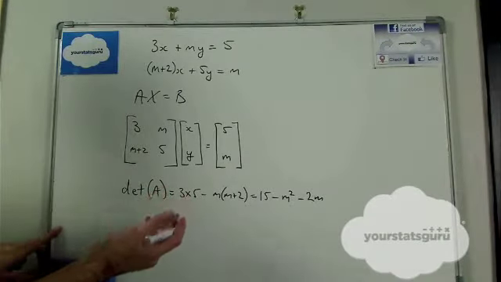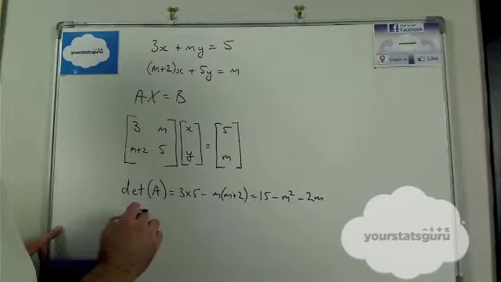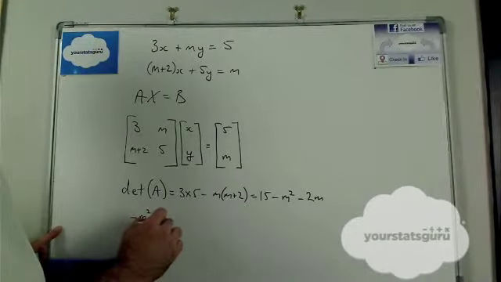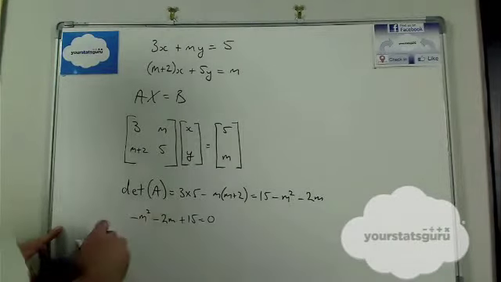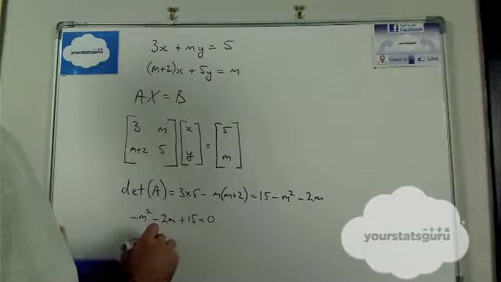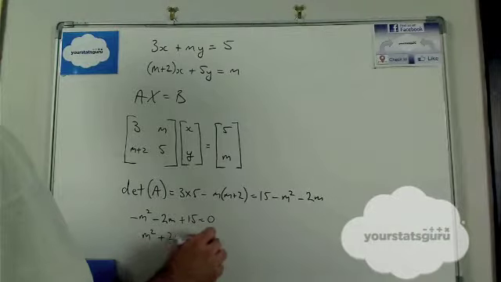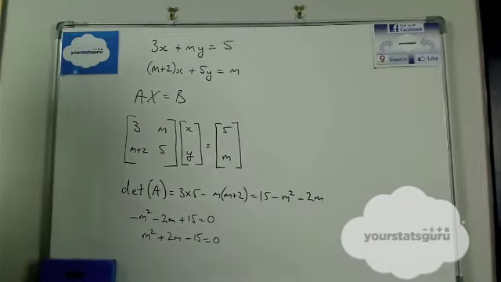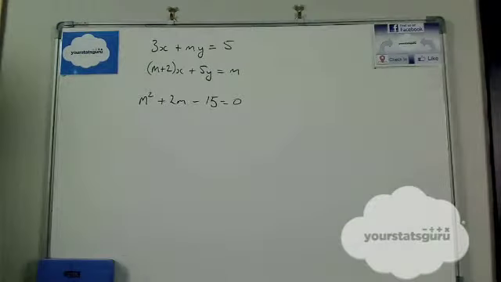Now, in order to solve this, all we need to do is simply say we have minus m squared minus 2m plus 15 equals 0, or if we write it by rearrangement, m squared plus 2m minus 15 equals 0. And we need to simply find for what values of m is that true.